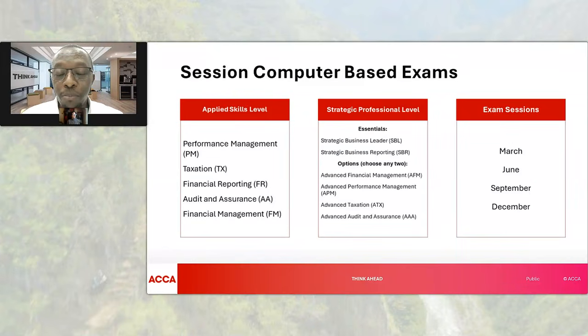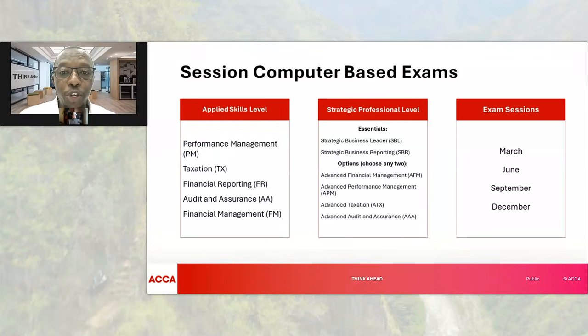For the applied skills level, the session-based exams are performance management, taxation, financial reporting, audit and assurance, and financial management. Once you're done with that level, you proceed to the strategic professional level, where there are 2 essential and mandatory exams: strategic business leader and strategic business reporting.